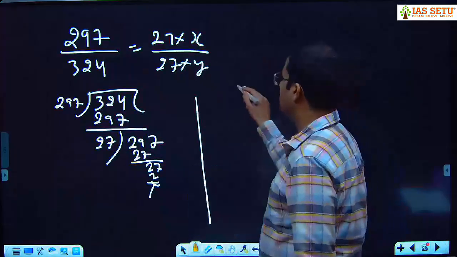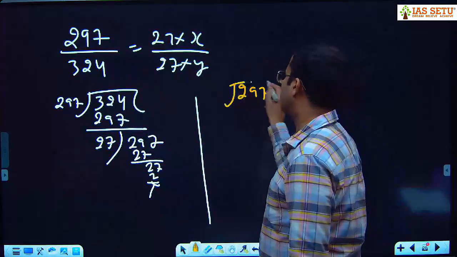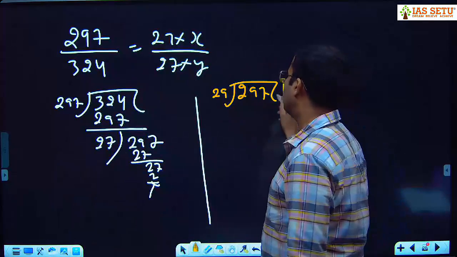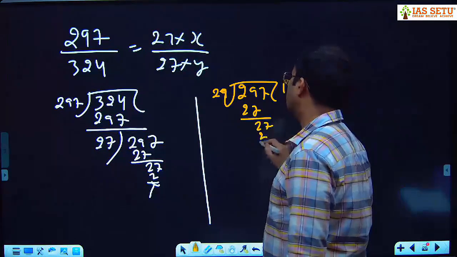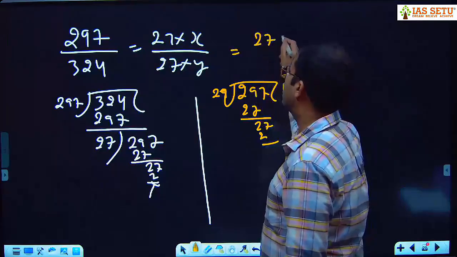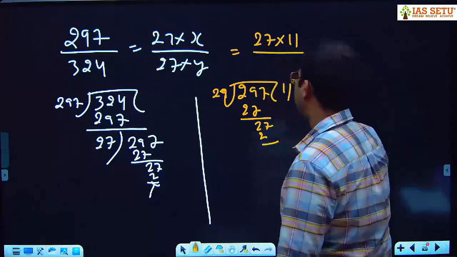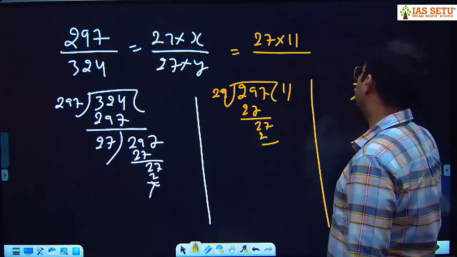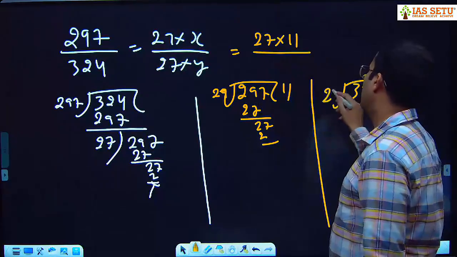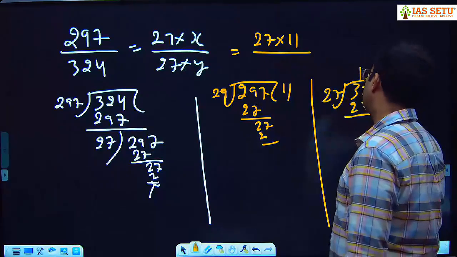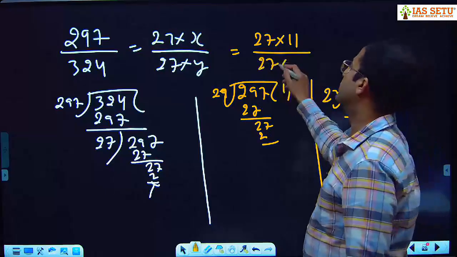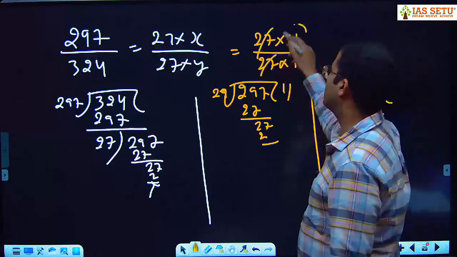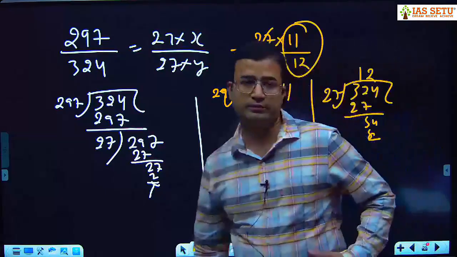School method, 297 divided by 27. 27 ones are 27, 27, 27 ones are 27. This is 27 into 11. This is 324. 27 ones are 27, 54, 27 twos are 54. So it is 27 into 12. So your answer is 11 by 12. That is your answer.